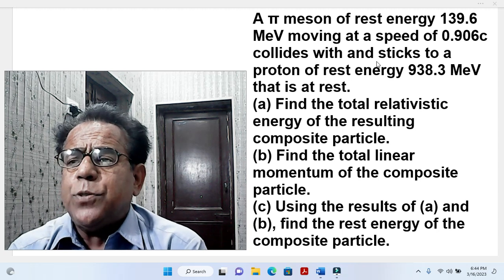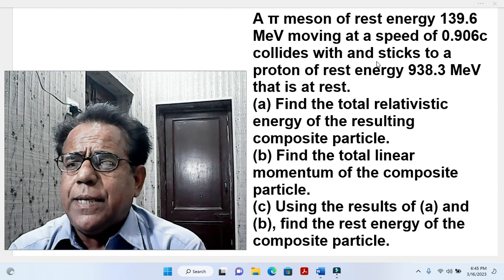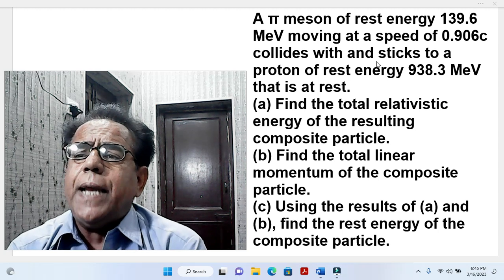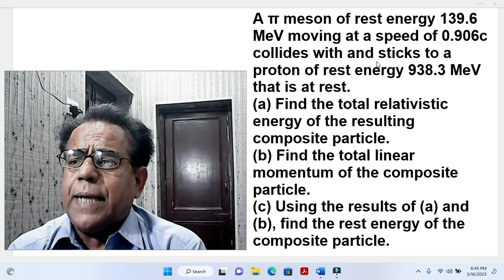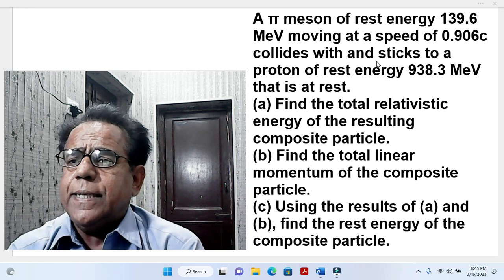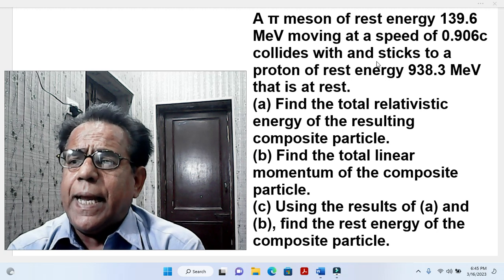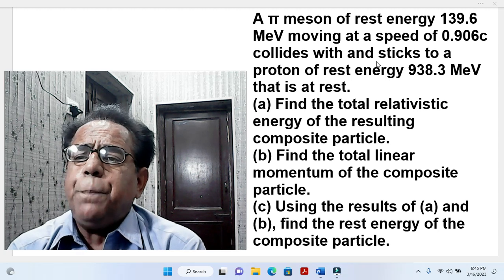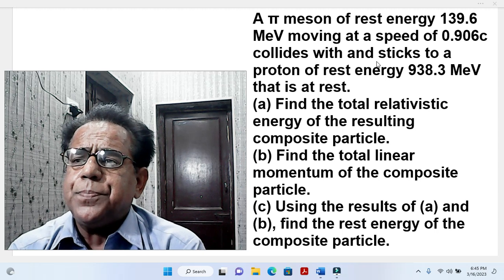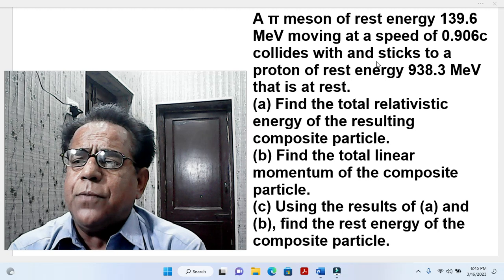A Pi-Meson of rest energy 139.6 million electron volt moving at a speed of 0.906 c, where c is speed of light, collides with and sticks to a proton of rest energy 938.3 million electron volt that is at rest.